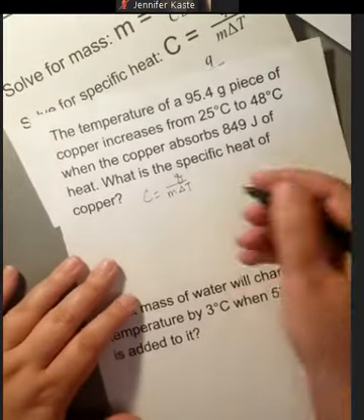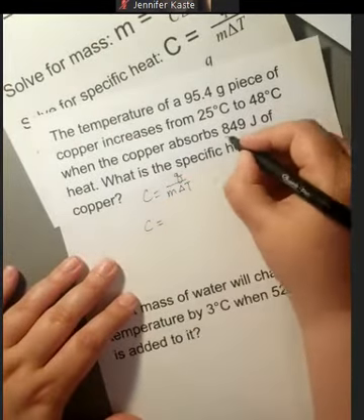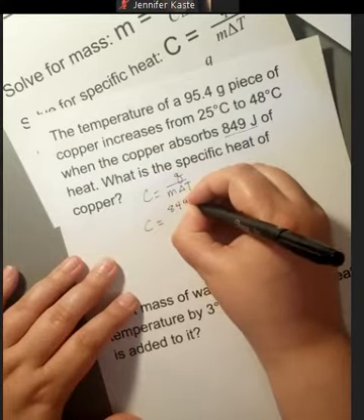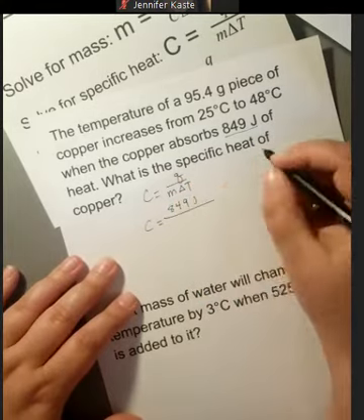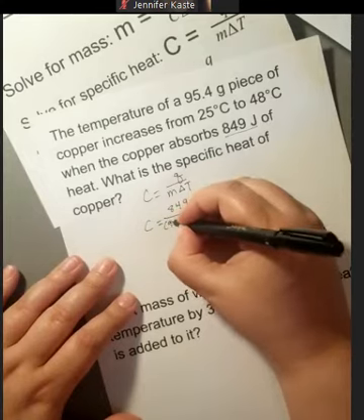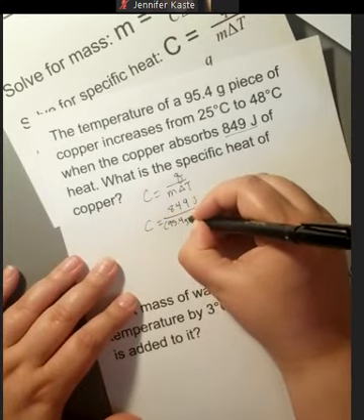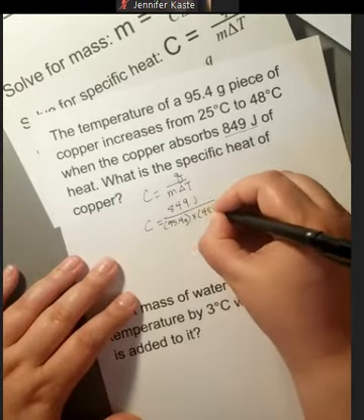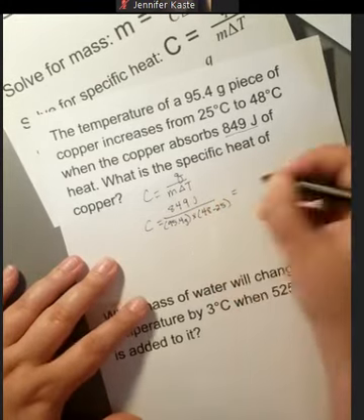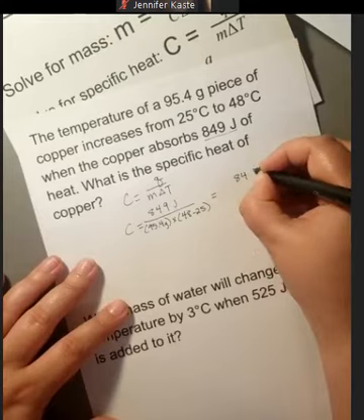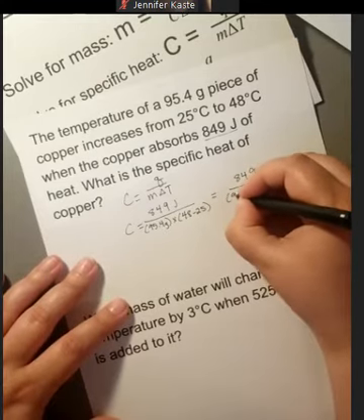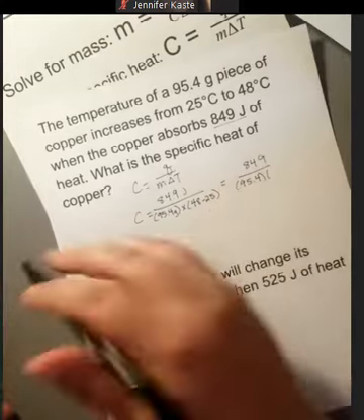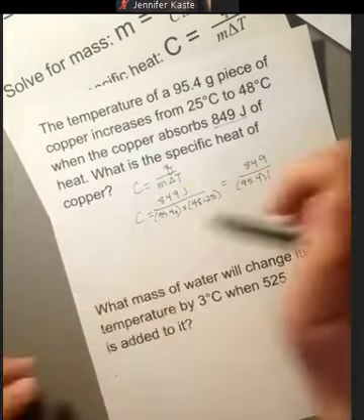All right, so Q is the joules, so 849, divided by the mass, which is 95.4, times the change in temperature, so 48 minus 25. So really, 849 over 95.4 times 48 minus 25, which is 23.